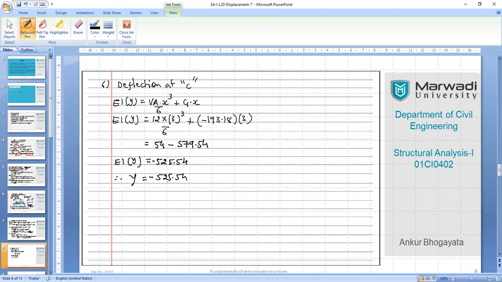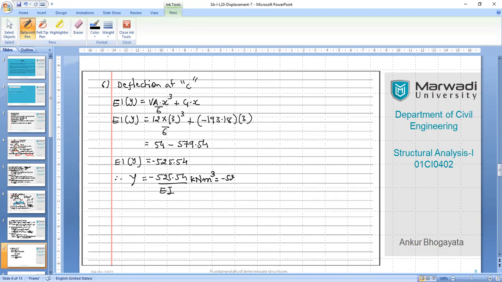525.54 divided by EI. Now please understand this term is still in the form of kilonewton into meter cube. Always remember this. So we need to simplify it.